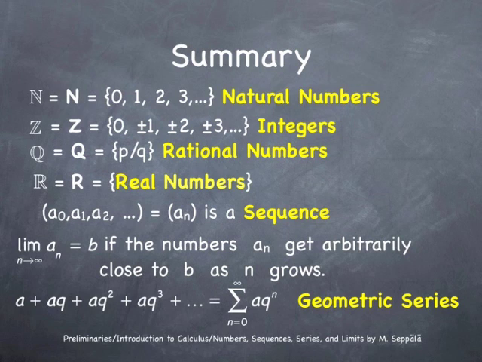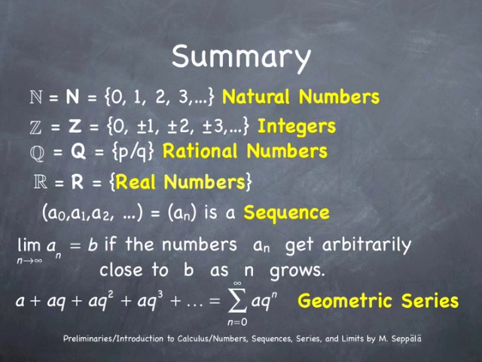In order to get uniqueness to this representation of a rational number, we require that q is positive and that p and q do not have common factors other than plus or minus 1. The set of rational numbers is denoted by capital Q. Rational numbers together with so-called irrational numbers form the set of real numbers. That is denoted by capital R.